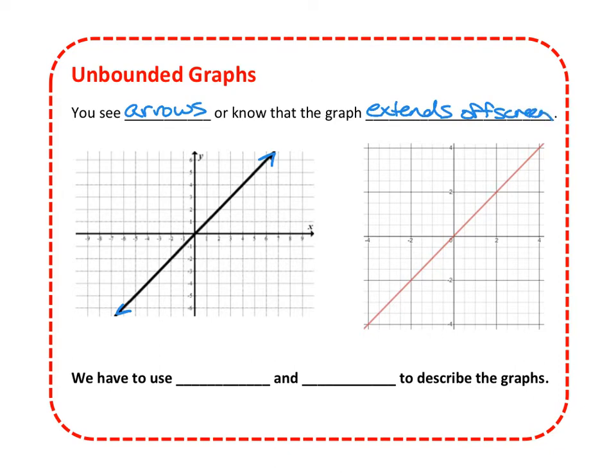We don't see the arrows, but you can tell there's no endpoints, so it's almost like we know, or we could draw in the fact that arrows exist. Because if we were to zoom out on this graph, it would continue to go all the way to the left and bottom, or right and top. It would keep going off screen. And if this is the case, then when we're dealing with graphs that go off screen or that you see arrows, we're going to have to use an infinity sign to describe where it's going, or a negative infinity sign.